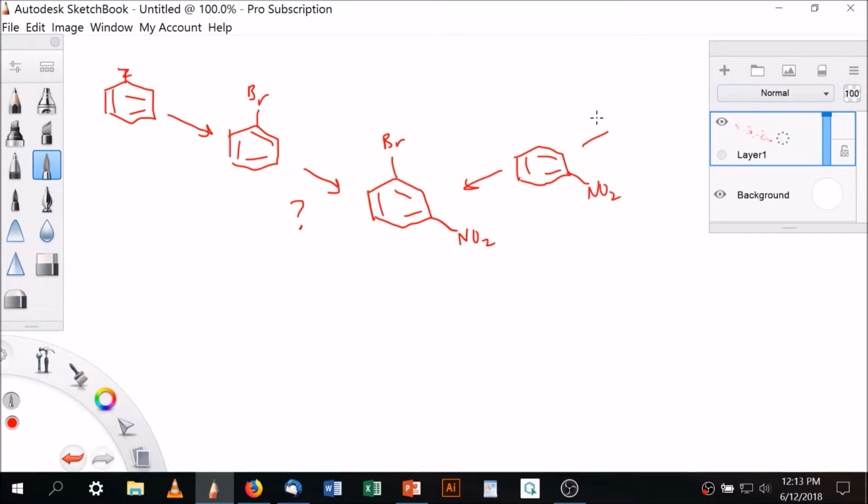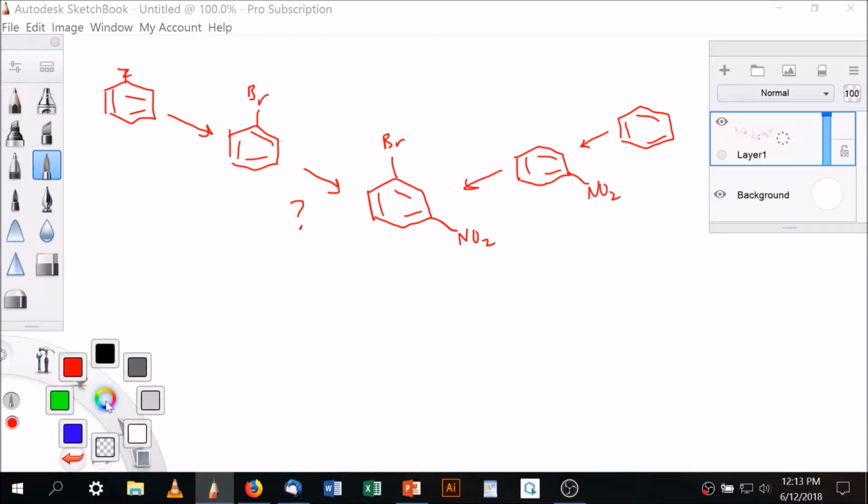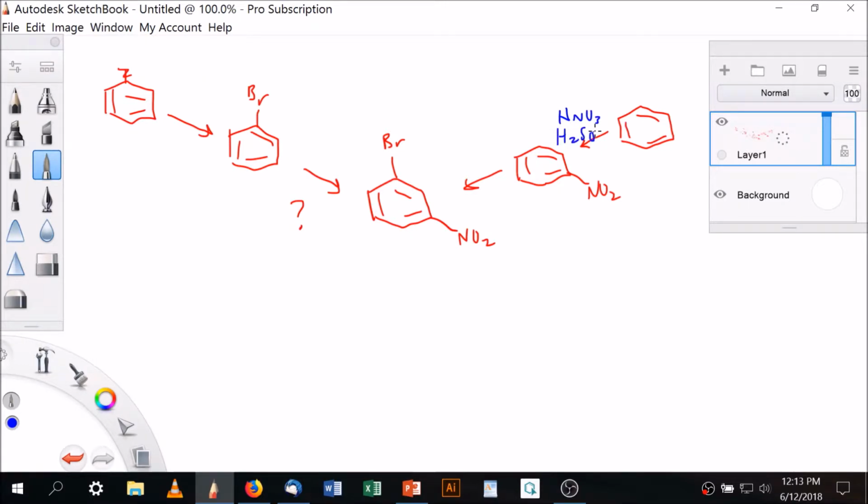I'm sort of drawing backwards. My arrow's backwards, and it's confusing me. So I could take my benzene and I could add the nitro first. I'm going to take a second, pretend like I'm trying to remember these reactions, and I'm going to write out the reactants here. This is an excellent, effective way to memorize the reactions, right? This would be nitric acid and H2SO4, and this would be bromine in FeBr3, or iron(III) bromide, right?